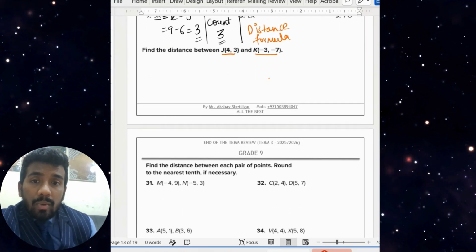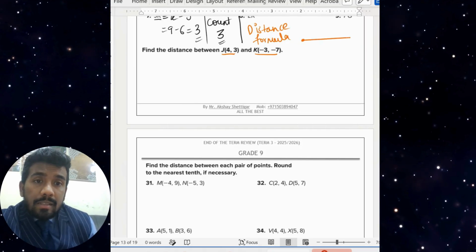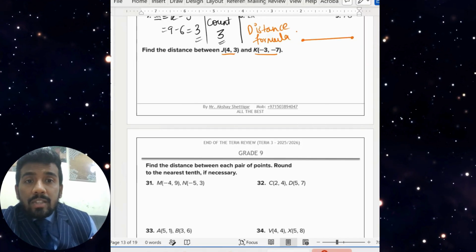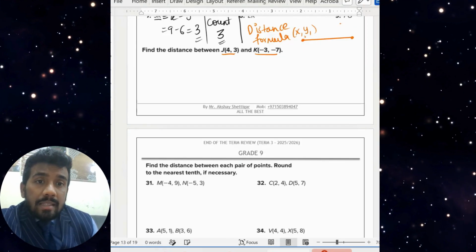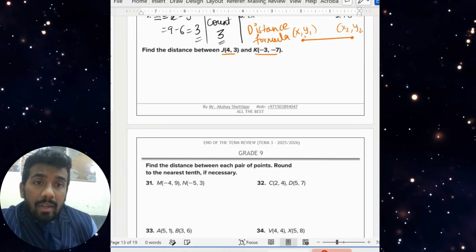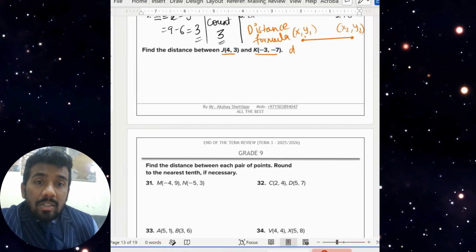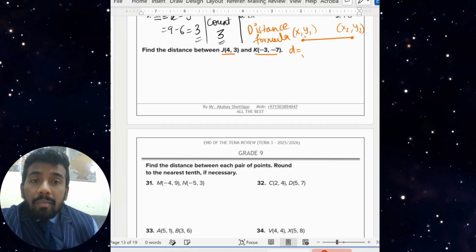If the first point is x1, y1 and the second point is x2, y2, how will you find the distance between them, denoted by d?